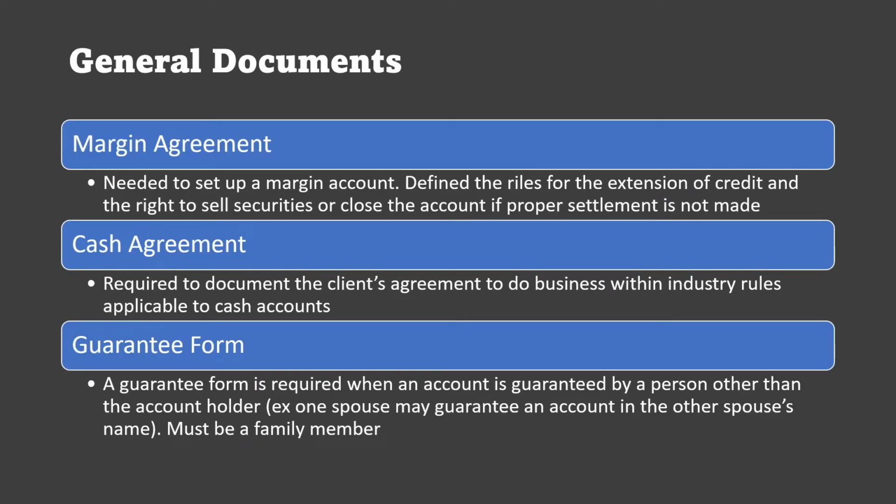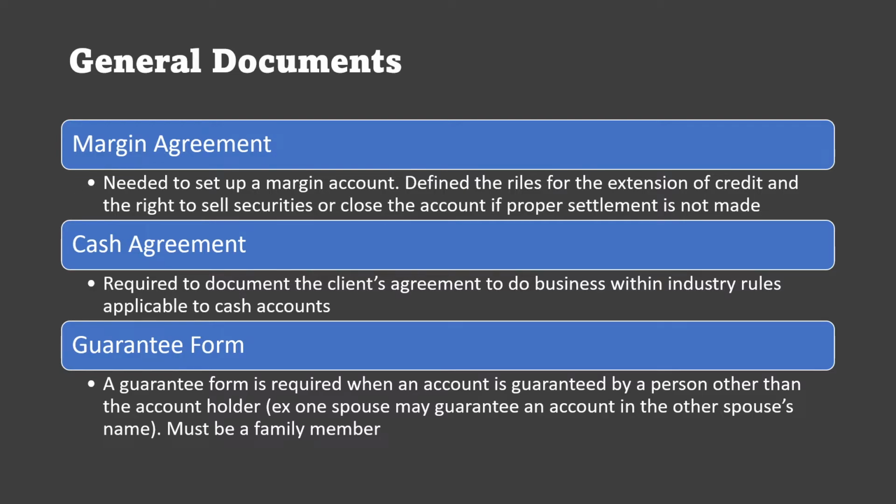So some general documents. First off is the margin agreement. It's needed to set up a margin account, and it basically just explains how the margin account works. It will talk about the right to sell securities or close the account if the proper settlement is not made, if the margin call cannot be met. You also have the cash agreement.